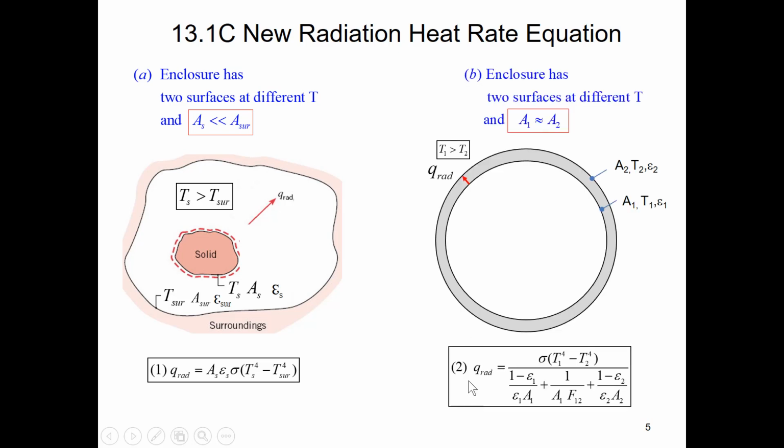A new equation 2 has to be introduced to calculate the radiation heat rate between two surfaces at different temperatures where their surface areas are close to each other. We checked this new equation and noticed that only F12 is a new variable, which is a view factor.